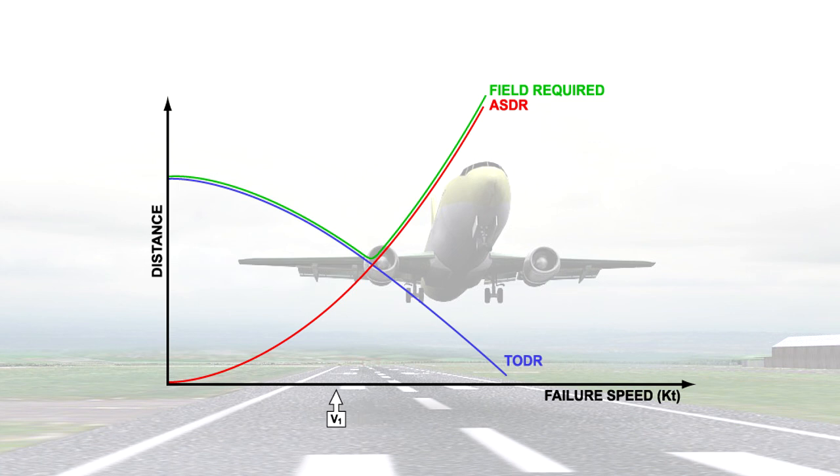However, should V1 be reduced, the accelerate stop distance decreases, the takeoff distance increases, and the total field required increases. Trying to figure out these points without the use of the simple graph would not be easy. So use this graph to help you understand the effect of increasing or decreasing V1.